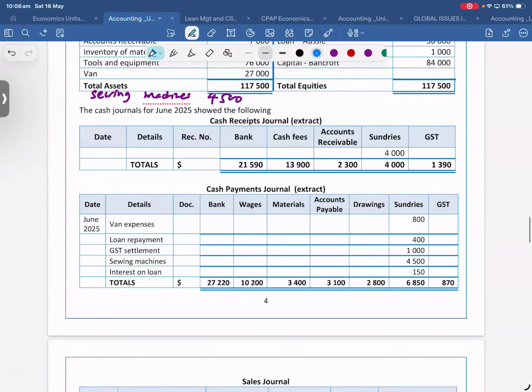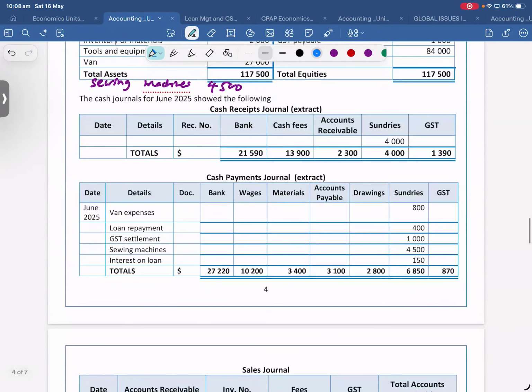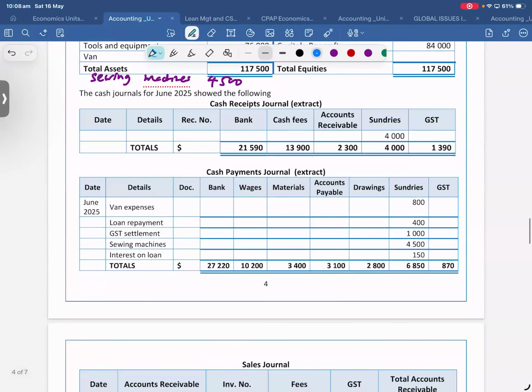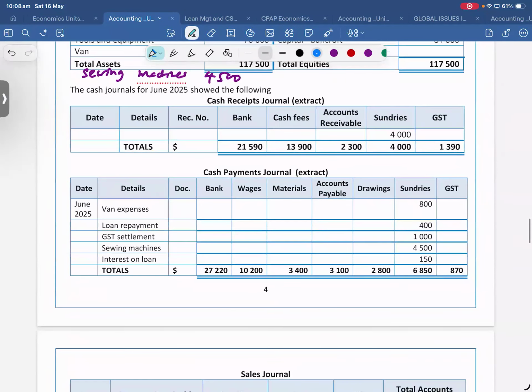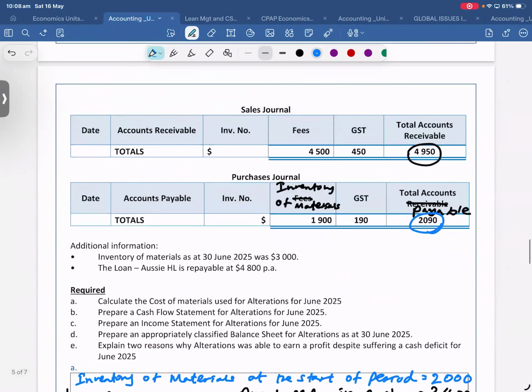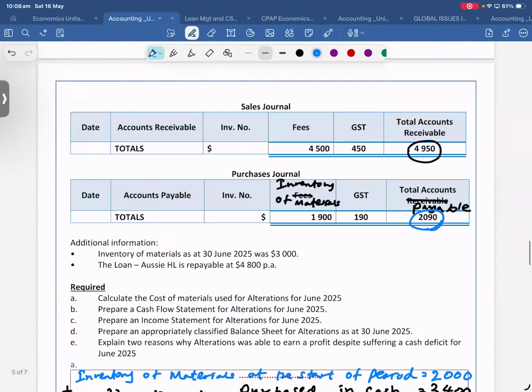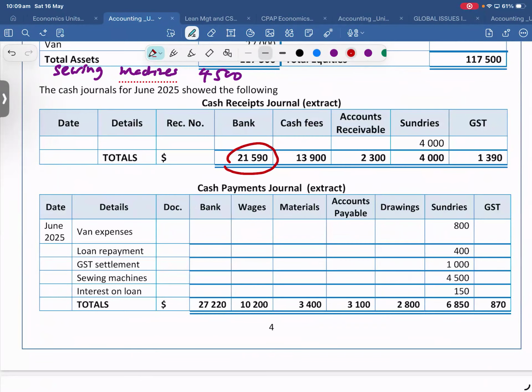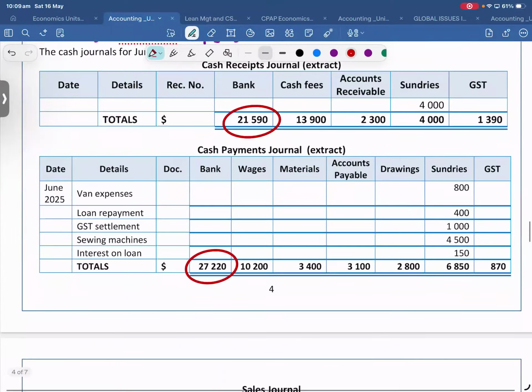Basically, you get the total of the cash receipts, 20,1590 (sic), and then you take the cash payments, which is the total of 27,20. So then you get the difference.